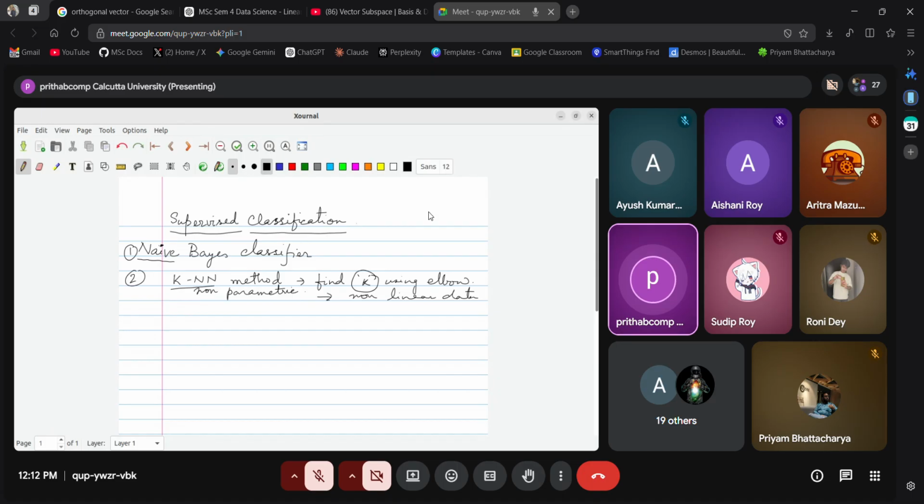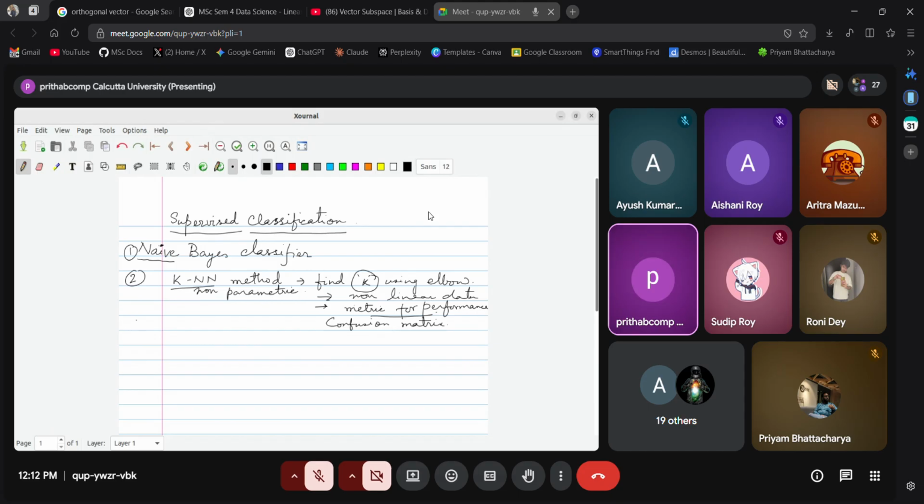Although we have not yet talked about the metrics for performance, you know those metrics, but maybe at the end we will talk about it. It is basically those confusion matrices that we are talking about.